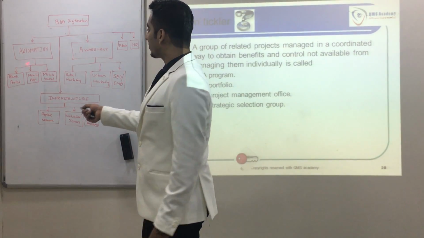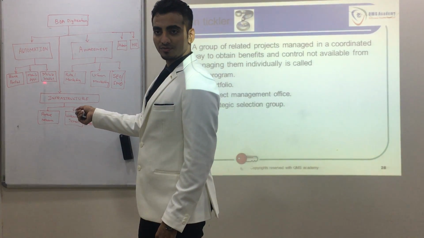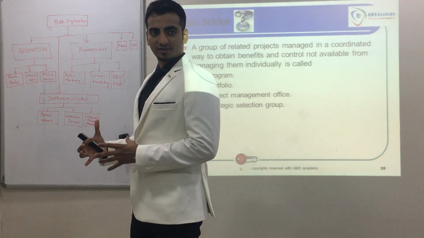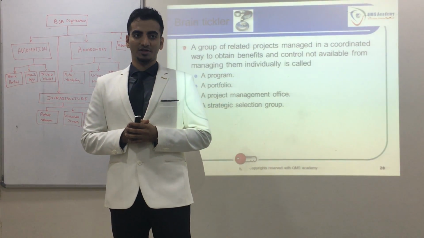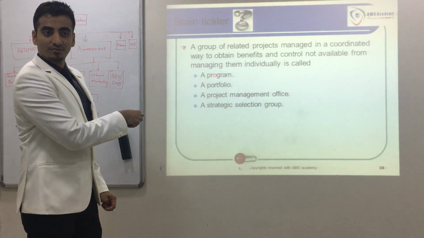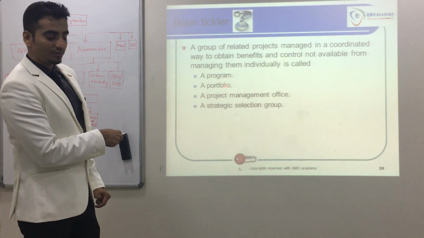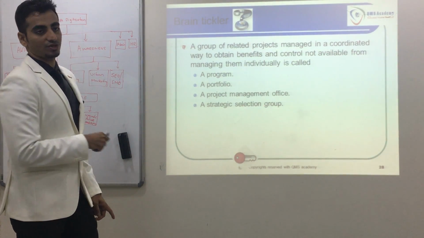So a group of related projects which are managed together in order to get a benefit of not managing them individually. So this is what? Option number A, is it a program? Is it a portfolio? Is it a project management office? Or is it a strategic selection process?